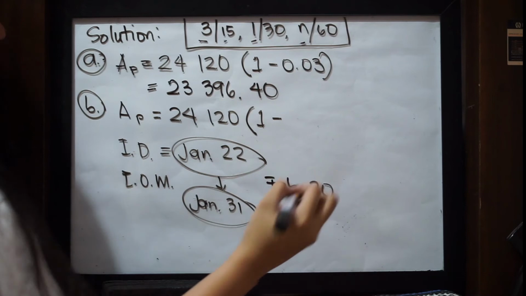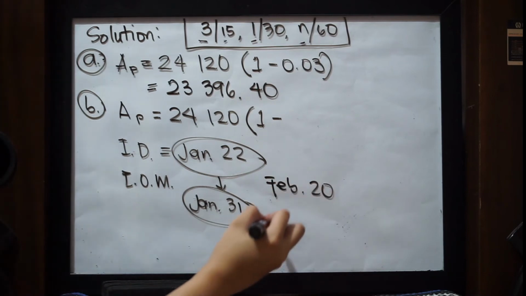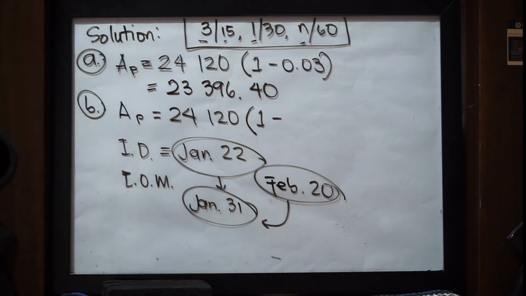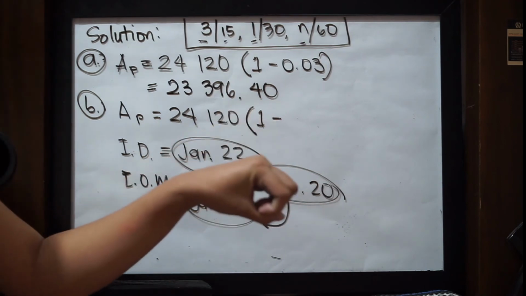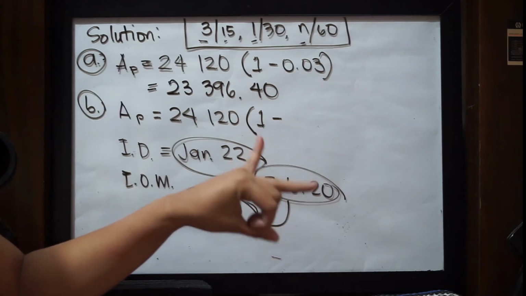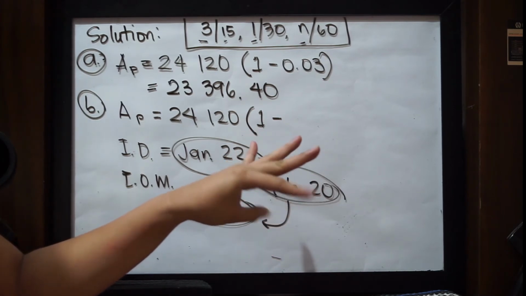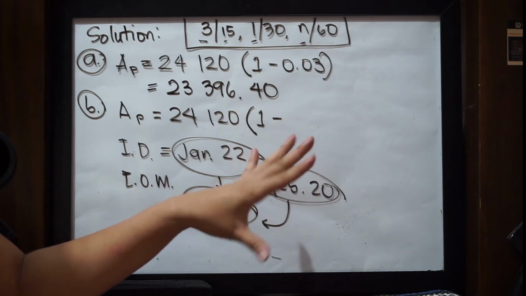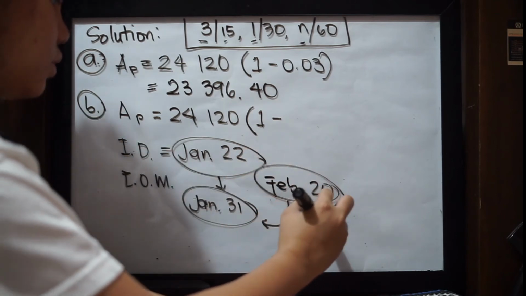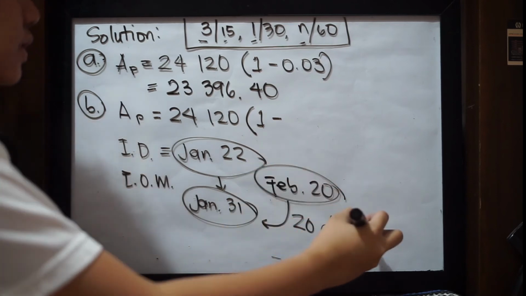So, ilang days kaya ang lilipas from January 31 to February 20? So, let's count. So, from January 31, we start with February 1, 2, 3, 4, 5, 6, 7, 8, 9, 10, 11, 12, 13, 14, 15, 16, 17, 18, 19, 20. So, obviously, yan ay 20 days.